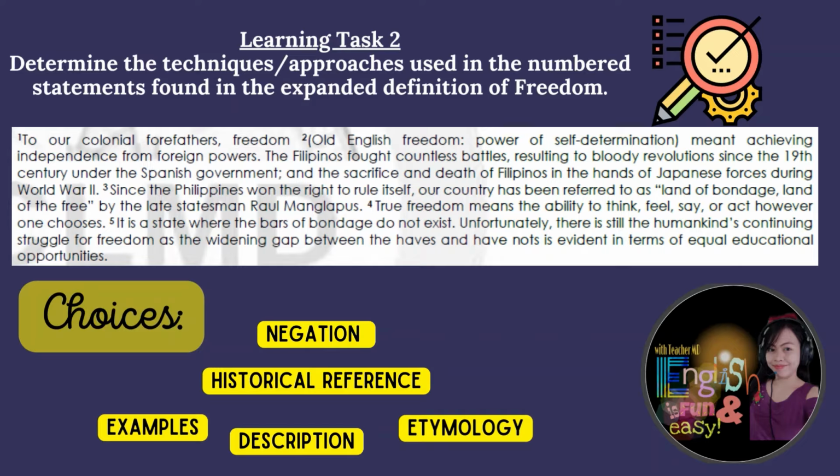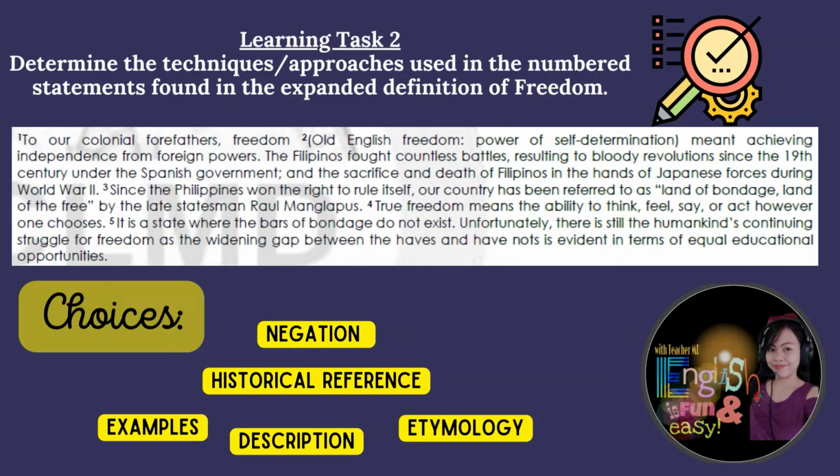Next, freedom, Old English freedom, power of self-determination. So what technique is used in here? Is it negation, historical reference, example, description, or etymology? How about in number 3? Since the Philippines won the right to rule itself, our country has been referred to as land of bondage, land of the free, by the late statesman Raul Manglapus.